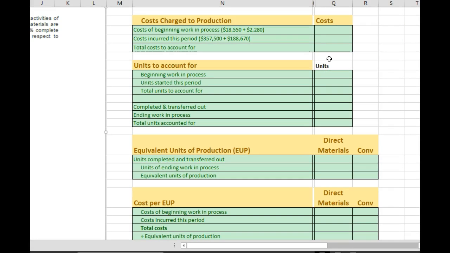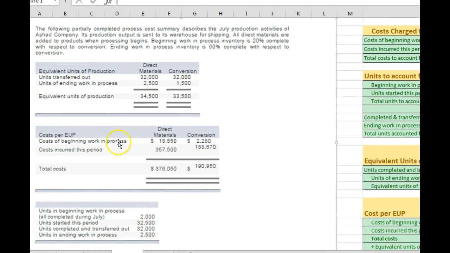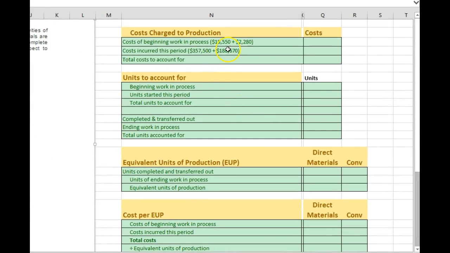So look at it, cost charged to production. So what was my beginning work in process? Well, if I come over to this side, I will find costs right here, cost of beginning work in process. So I've got 18,550 plus 2,280, and I will find the cost incurred this period in the same location.